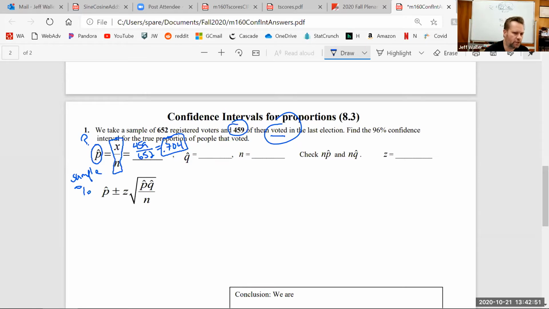So then what must q hat be? 0.296. Yeah, no matter what they're wearing, p and q always make 1. So 1 minus 0.704 is 0.296. I like it.